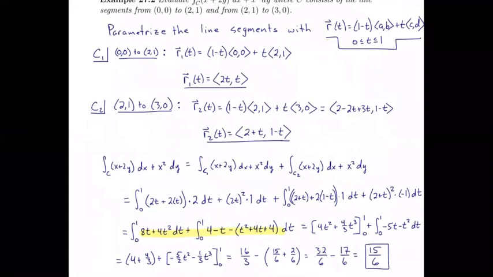They're all polynomials, so it's very easy to calculate. Apply the limits of integration, and we arrive at an answer of 15 over 6. So that's our integral along a piecewise smooth curve, with respect to x and y in a mixed integrand like this.